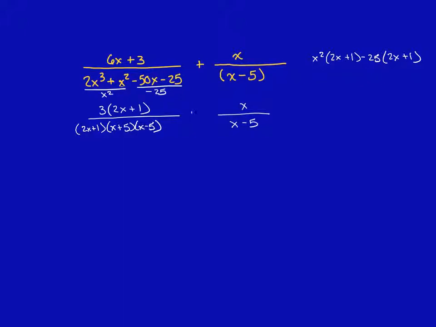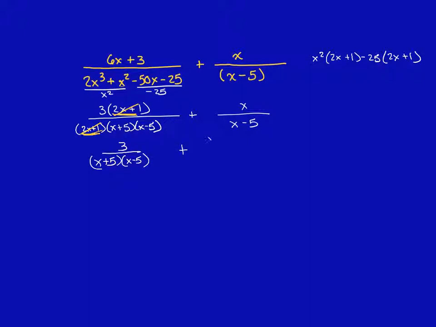So again, this is a case where we want to look to simplify before we do any common denominators. You can see that we have 2x plus 1 in both the numerator and denominator of this fraction, so we're going to go ahead and divide that out. And we're going to simplify this to 3 over x plus 5 times x minus 5.